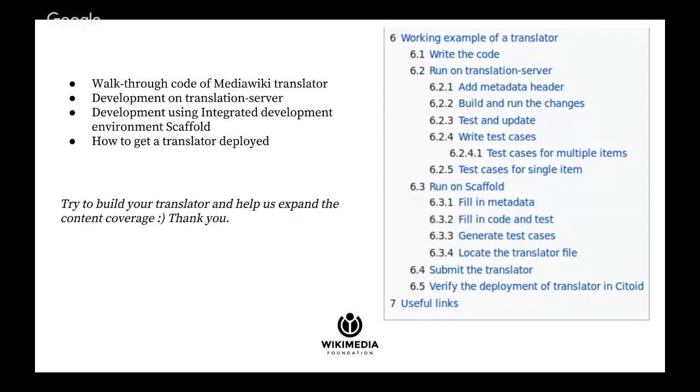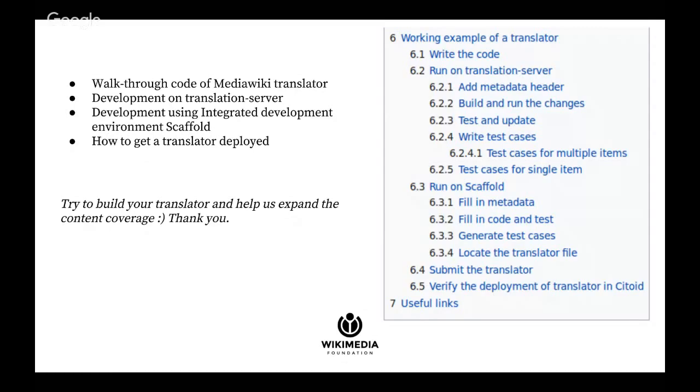So this documentation has all the updates, how to develop on Docker and how to do development through translation server, because for Citoid, it is very important that a translator runs on translation server, whereas the previously available documentations only explain how to develop through Scaffold, which is an integrated development environment provided by Zotero community.